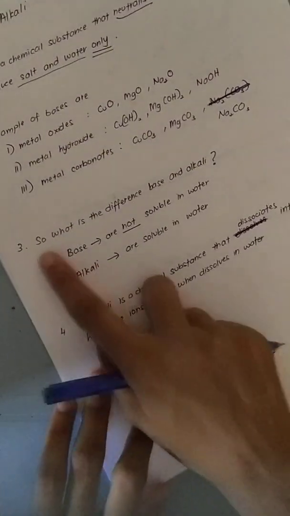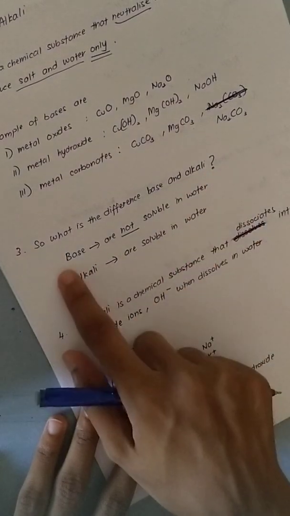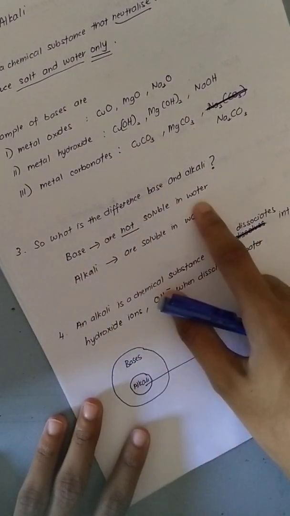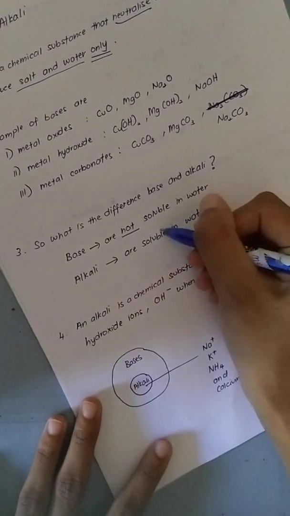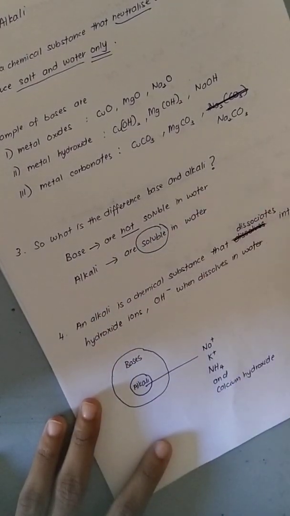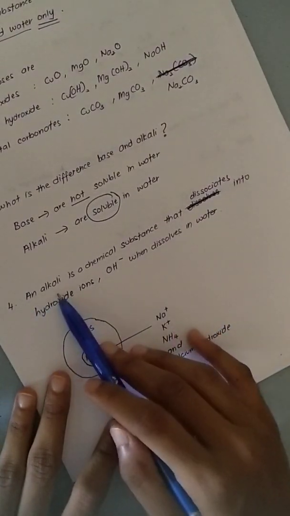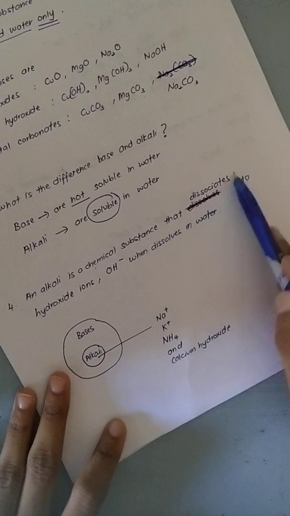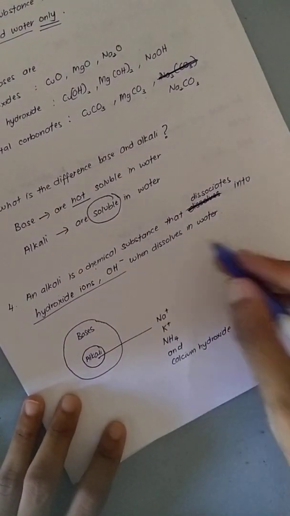So now what is the difference between base and alkaline solutions? Bases cannot dissolve in water, they are not soluble, whereas alkalis are soluble in water. So what is the definition of alkaline? An alkaline solution is a chemical substance that dissociates into hydroxide ions when dissolved in water.